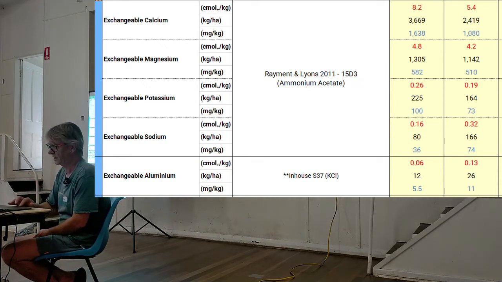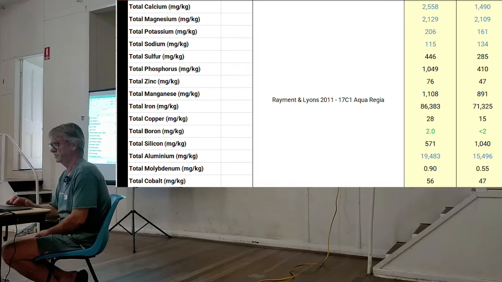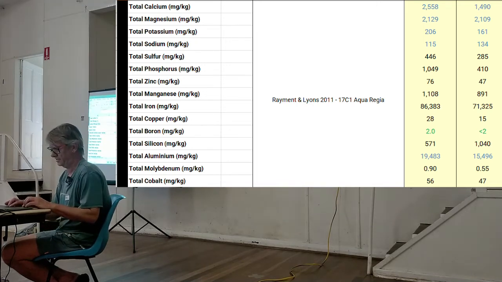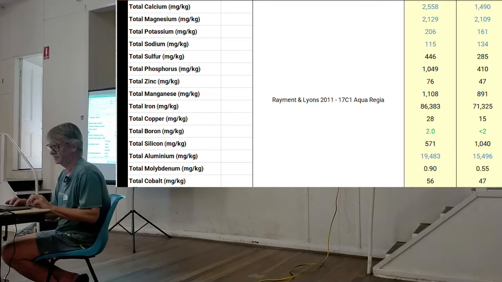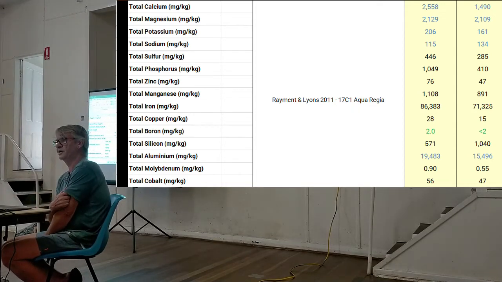So we go down and we start looking at some of these totals. And you can see here, the total calcium is 2,558, yet only 1,638 milligrams per kilogram can be extracted.